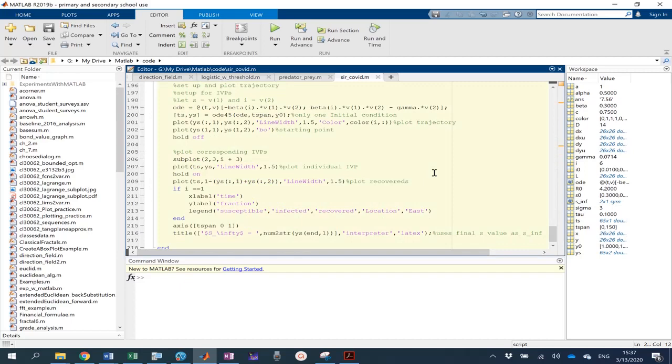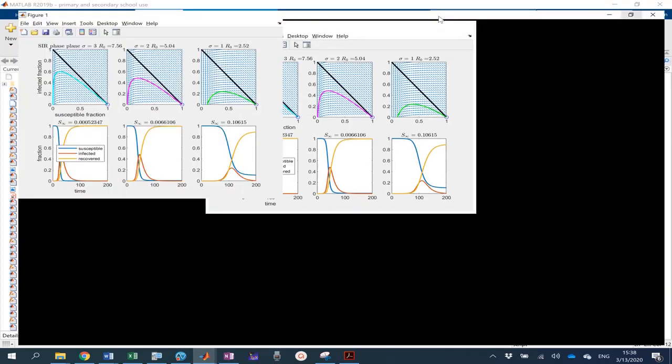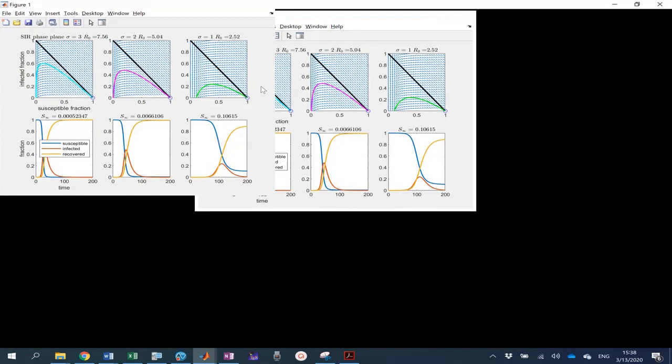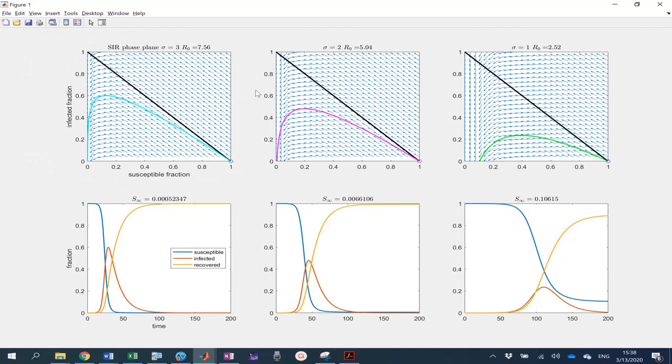So what we've done in this next display is I've taken 3 phase planes. And as opposed to the previous phase plane that you saw, where I kept sigma constant and changed the initial conditions, being the infected fraction and susceptible fraction as well, here I've kept that infected fraction and susceptible fraction the same. I've started with an infected fraction of 1 times 10 to the negative fifth in all of these, and the susceptible fraction being just about 1.